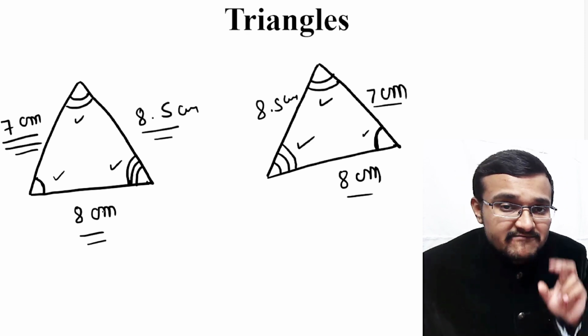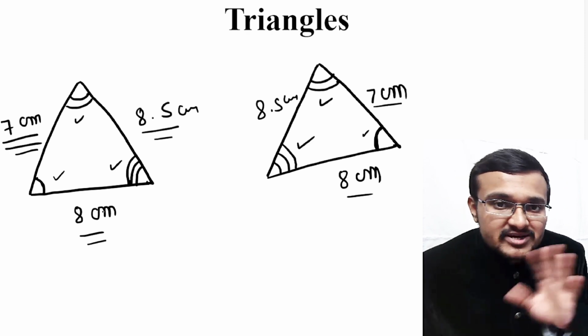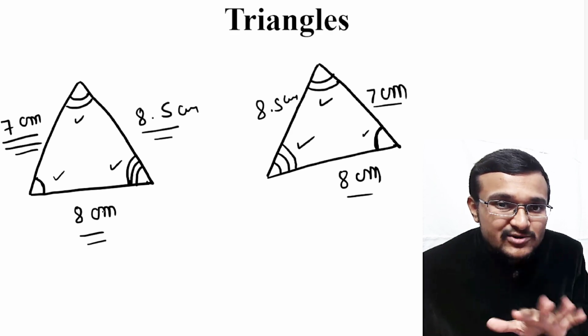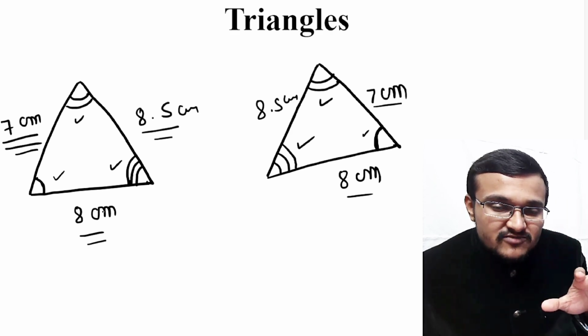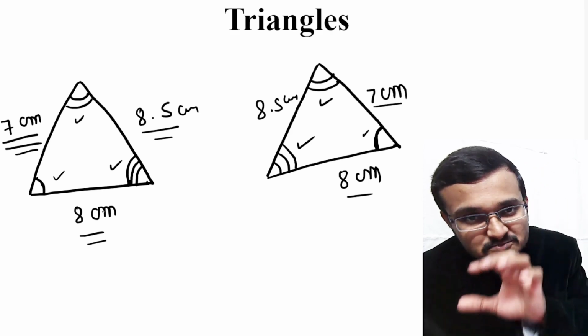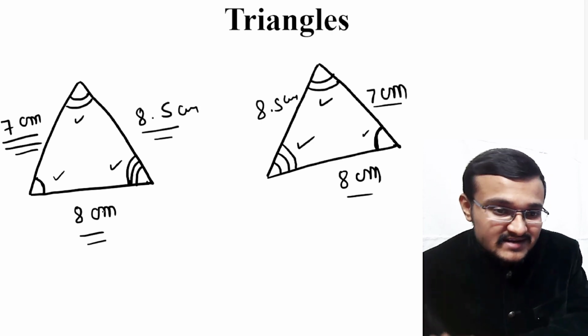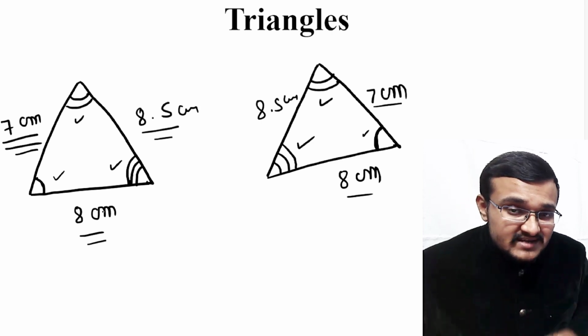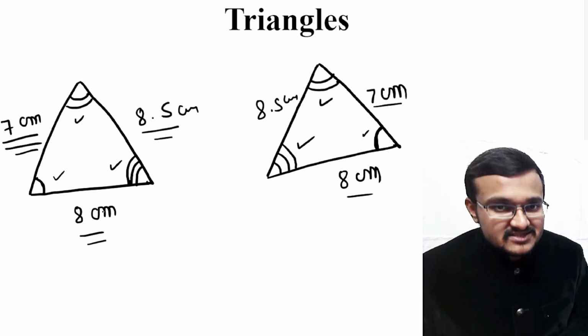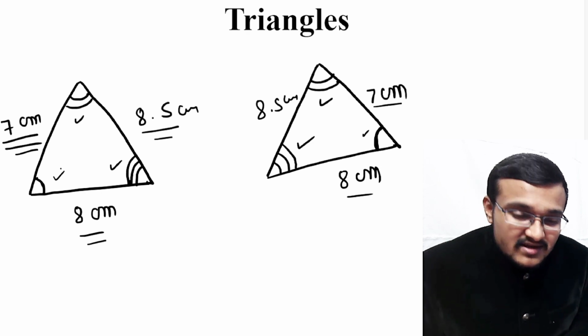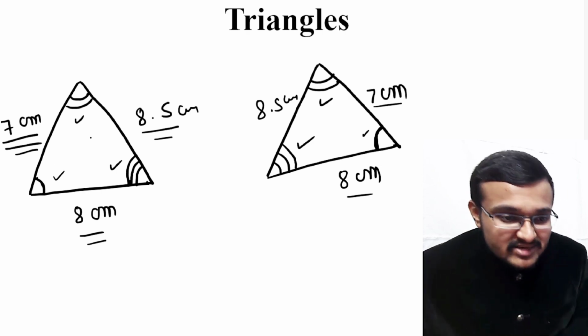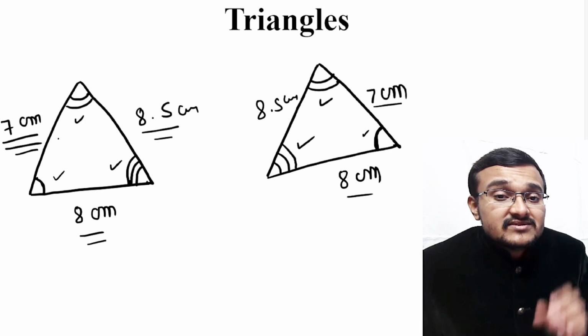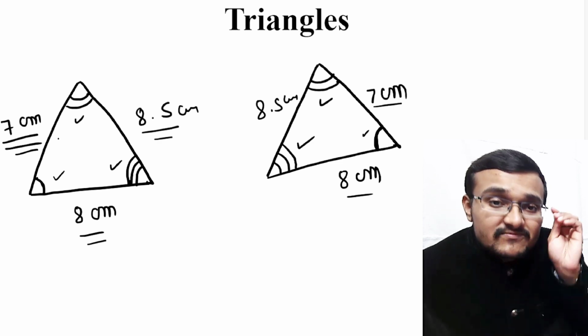So that means if you have two triangles where all three sides of one triangle are equal to the corresponding three sides of the other triangle, then those two triangles are congruent. If you take a protractor and measure the angles, the corresponding angles will be equal.